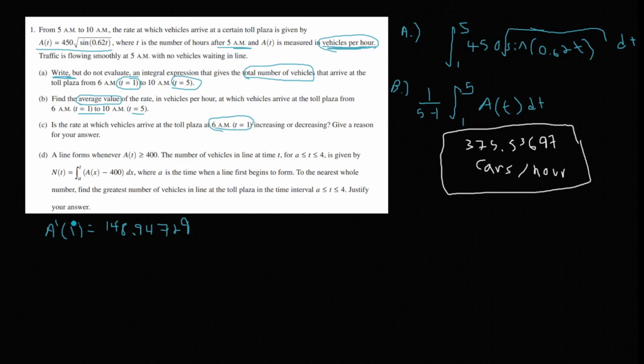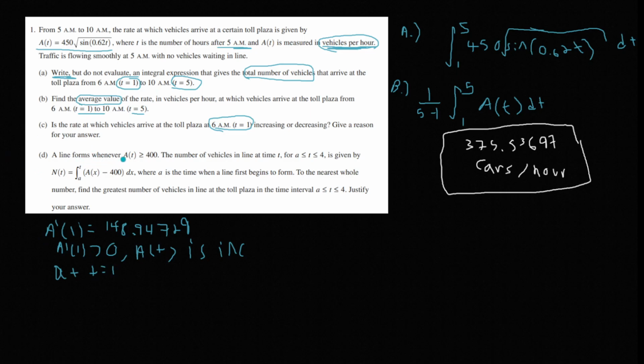And because a prime of 1 is positive, a prime of 1 is greater than 0, the rate is increasing. So a of t is increasing at t equals 1. Because if the derivative is positive, the function is increasing.